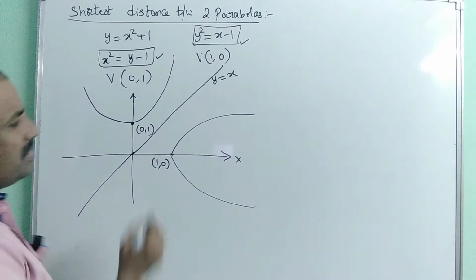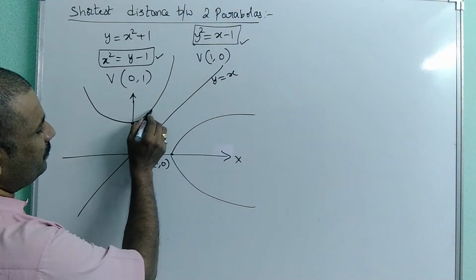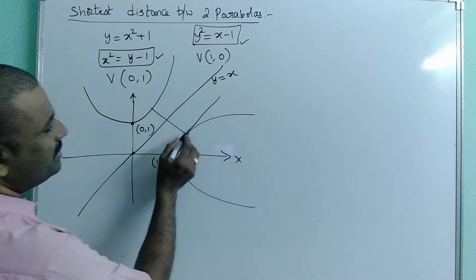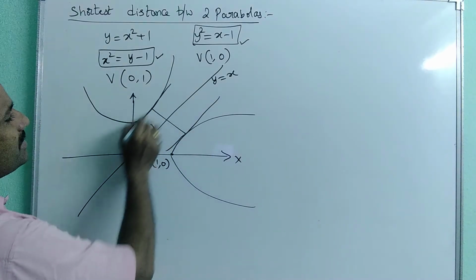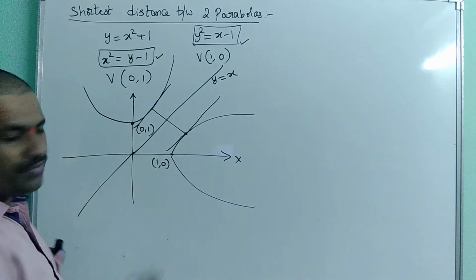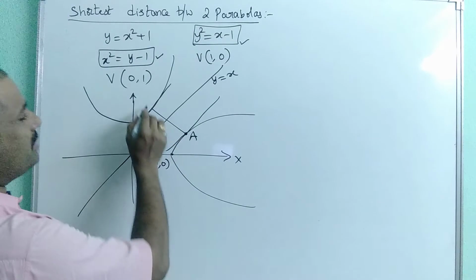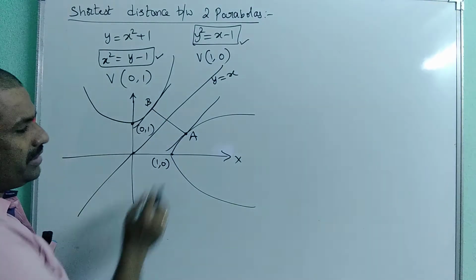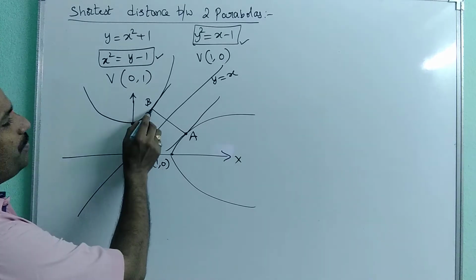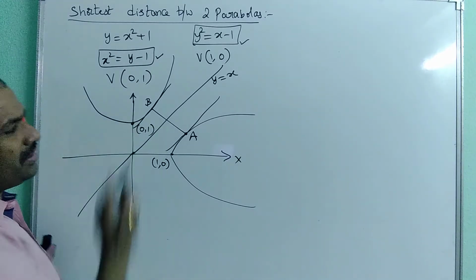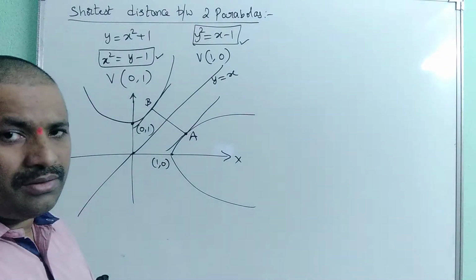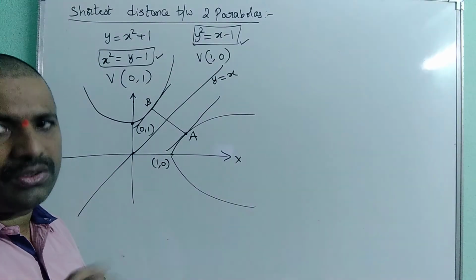That means this is the shortest distance. Somewhere we get this point. At this point, the tangent is parallel to y equal to x. Say this point is A and this point is B. At the point A, the tangent is parallel to y equal to x. At the point B, the tangent is parallel to y equal to x. Observe that here the two curves are symmetric with respect to y equal to x.